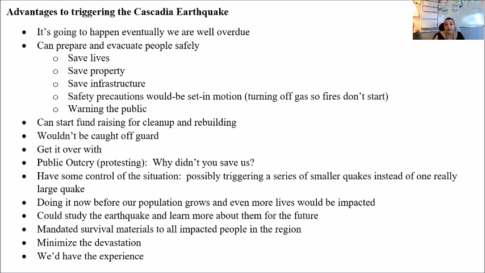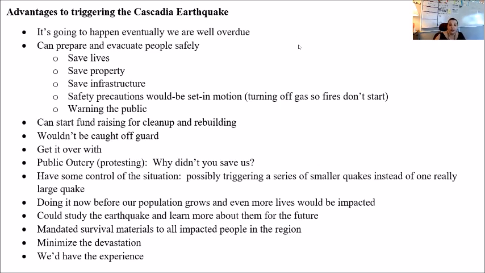We could also study them more, because now we'd have an idea of how they work. We'd be there to witness it. Mandated survival materials could be sent to everybody. Maybe you have to evacuate, mandatory evacuations, but we'd basically try to minimize the devastation by knowing and not getting caught off guard.